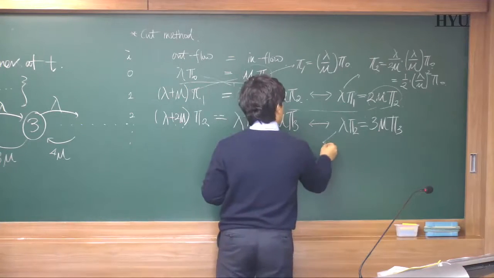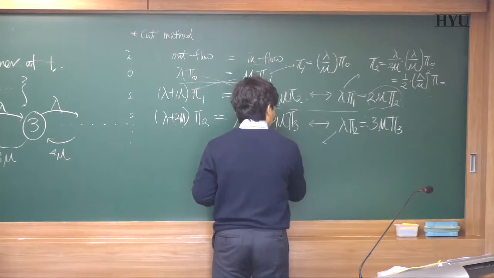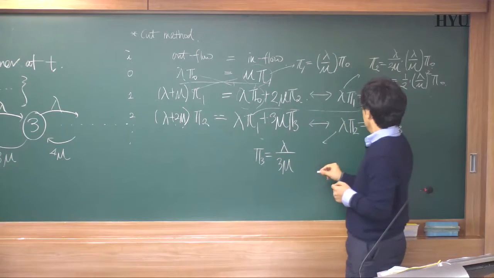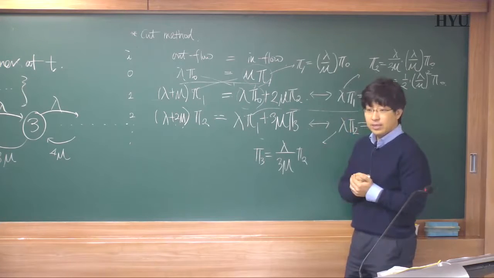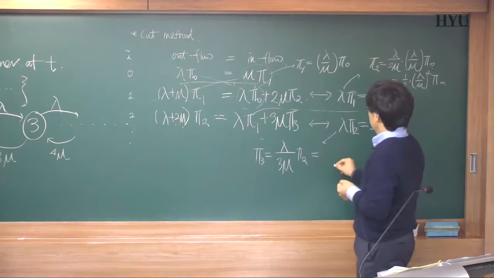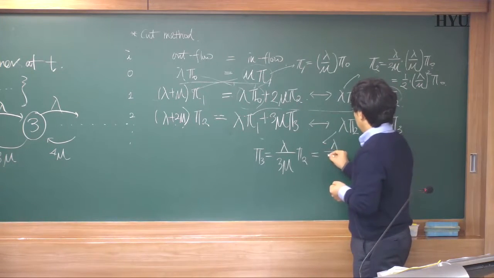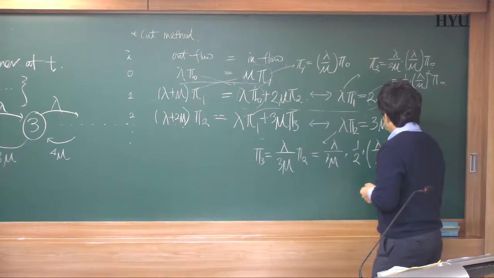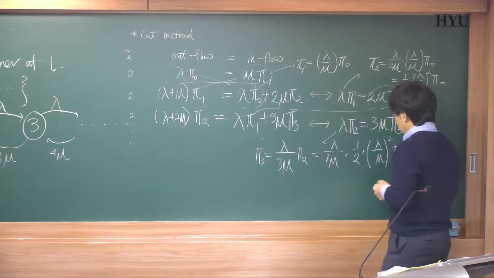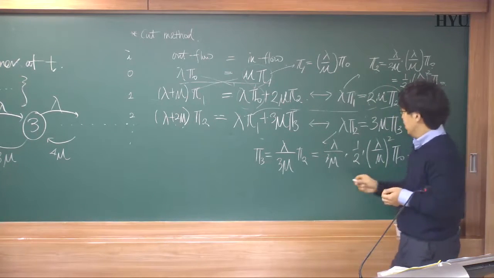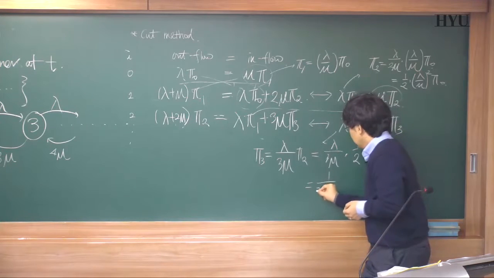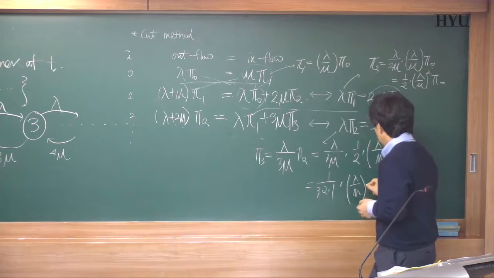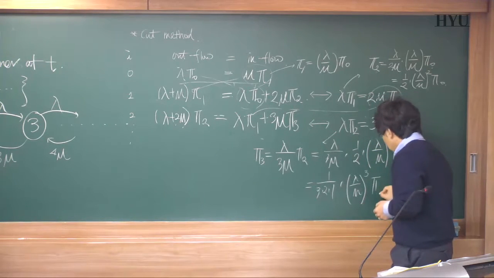We can do one more. Based on this, pi 3 is lambda over 3 mu times pi 2, right? And this one is the same as lambda over 3 mu times a half times (lambda over mu) squared pi 0, right? And this one is the same as 1 over 3 times 2 times 1 times (lambda over mu) cubed pi 0.